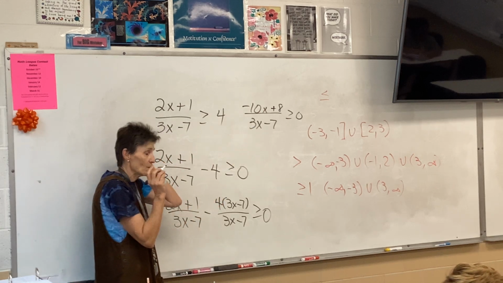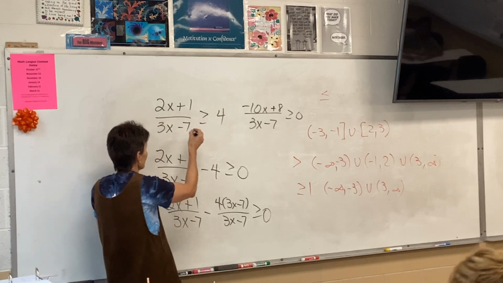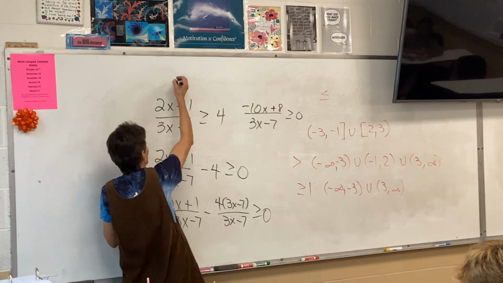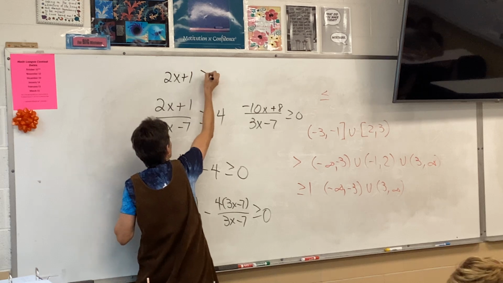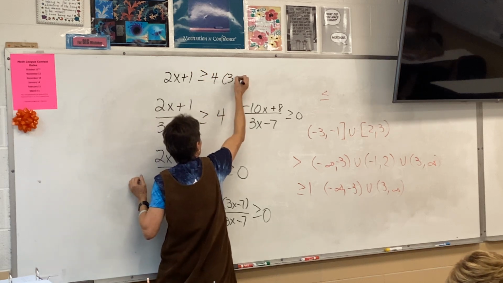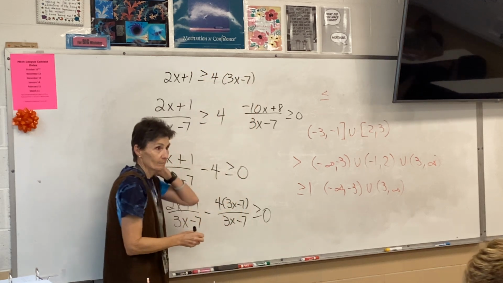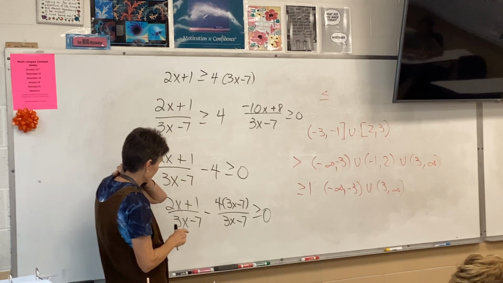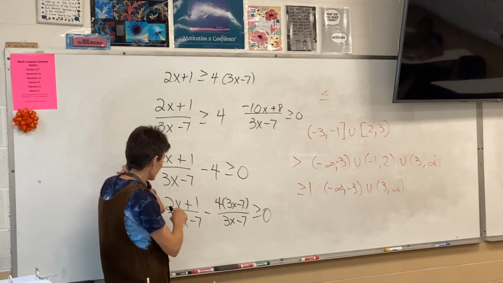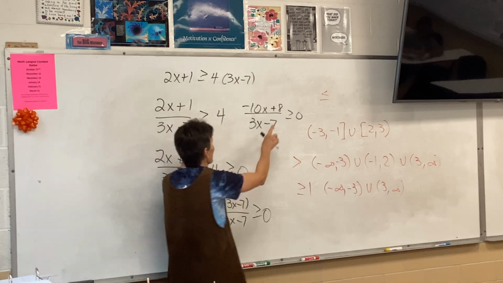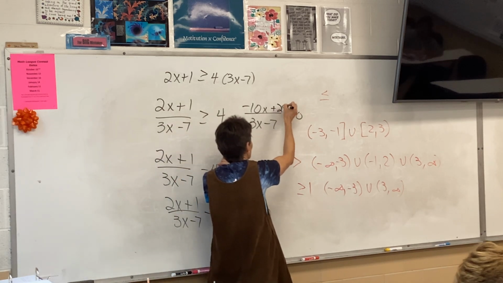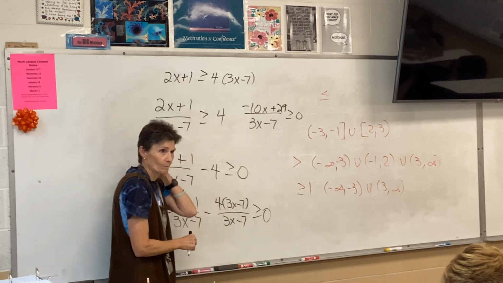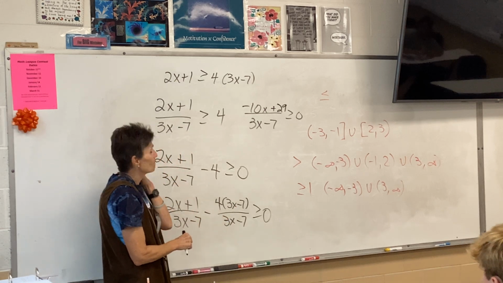Now, I know what some of you were thinking back here at the beginning. You were thinking, oh gosh, it'd be a whole lot easier if we just did this, right? Wouldn't it be 4 times negative 7? Oh yeah, so it should be 29.